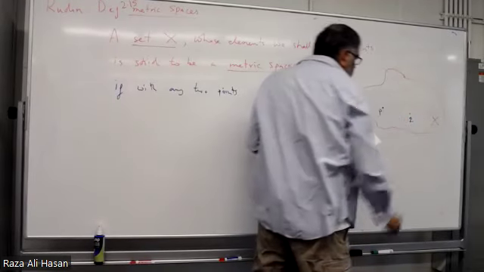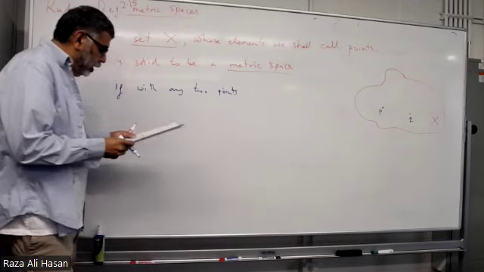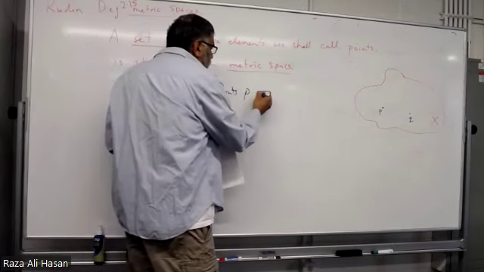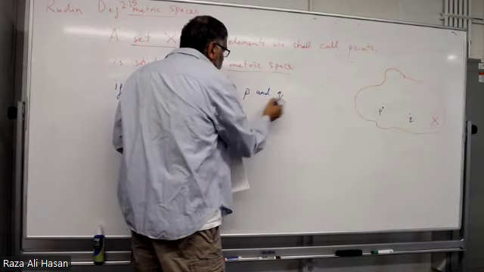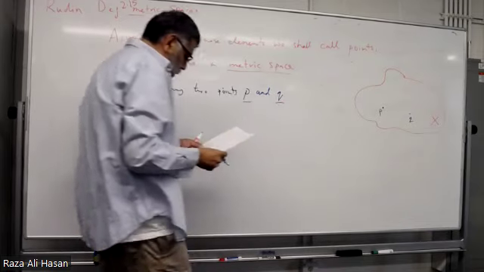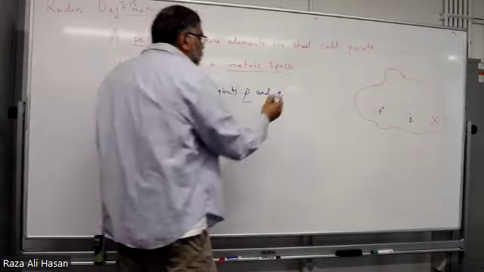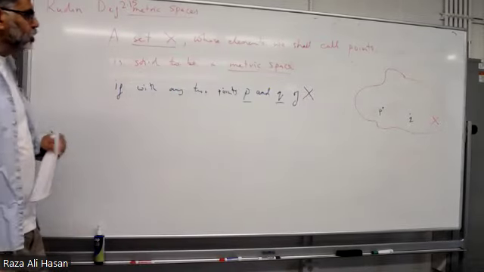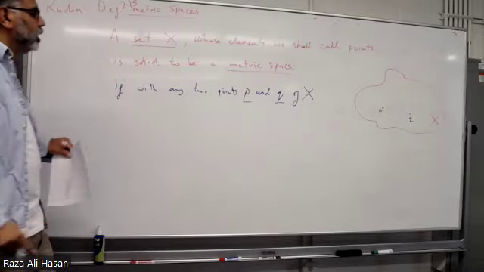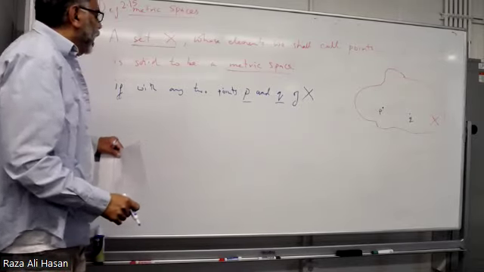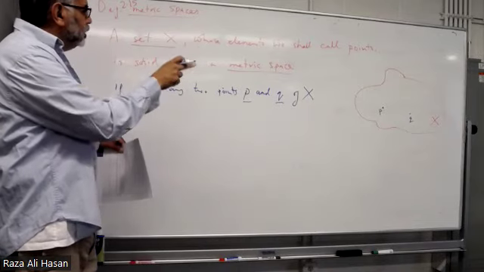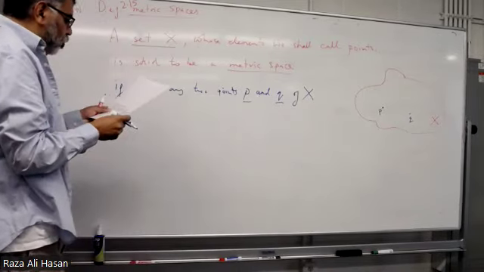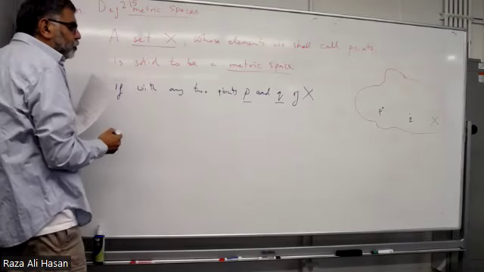Let's call that Q. So if with any 2 points P and Q of the metric space X. So what's a metric space? It's a set, it has points, and it is a metric space if with any 2 points P and Q, we can define a function on that.